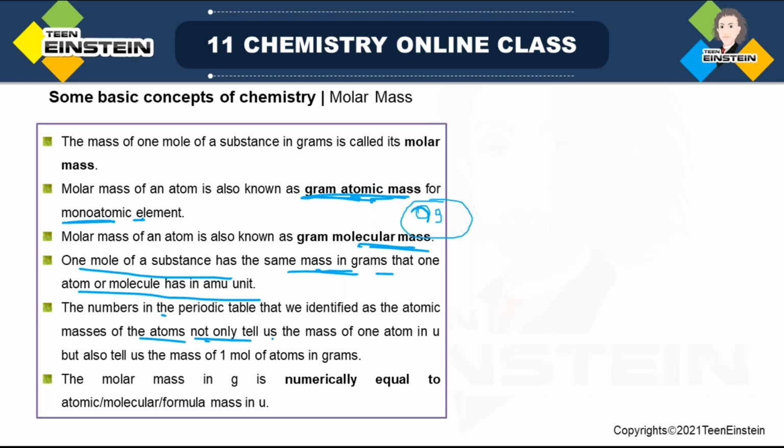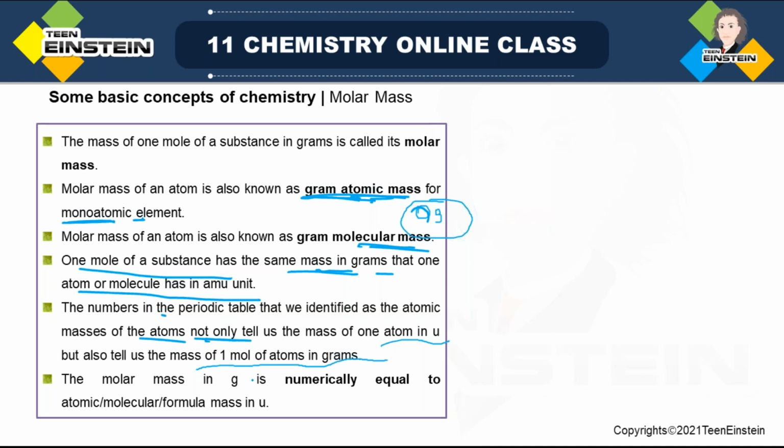So the value mentioned in the periodic table not only tells us the mass of one atom in terms of amu or u, but also tells us the mass of 1 mole of atoms, or 1 mole of molecules also, in terms of gram.